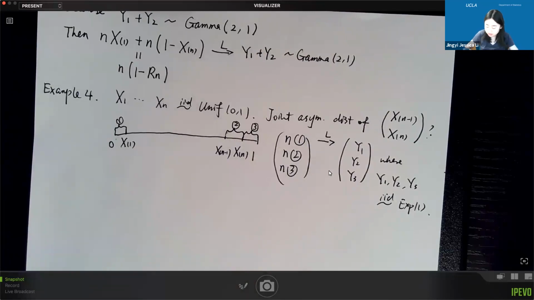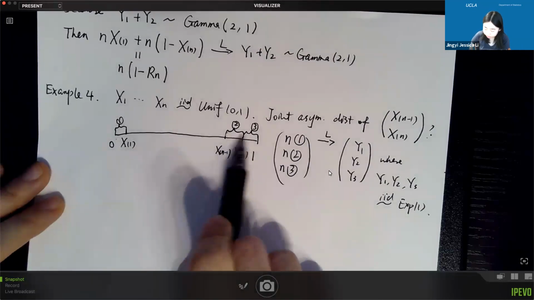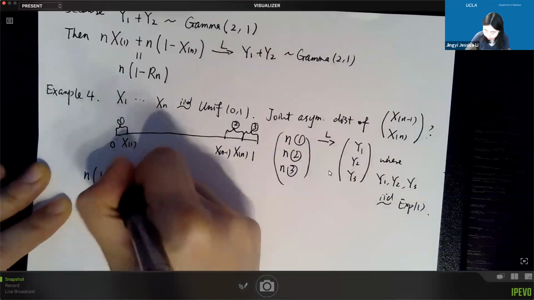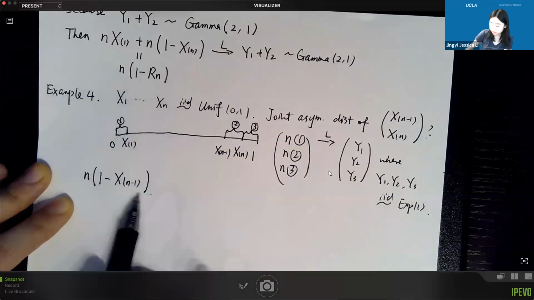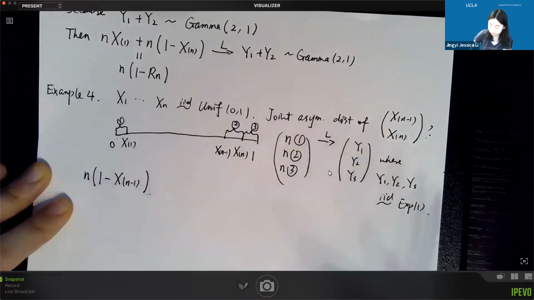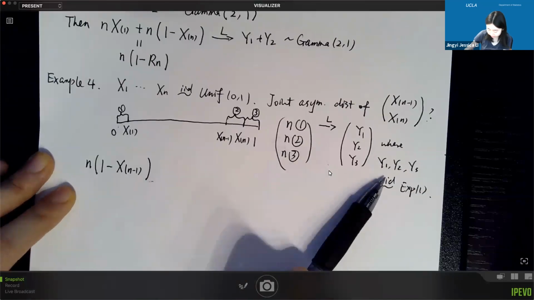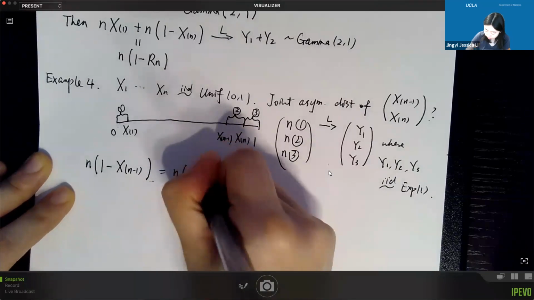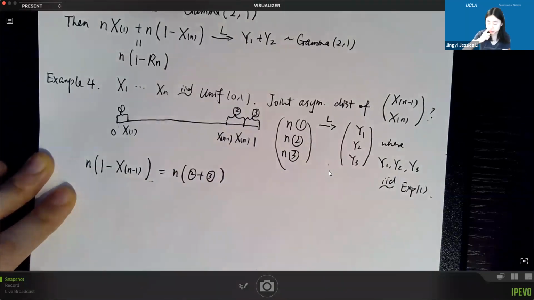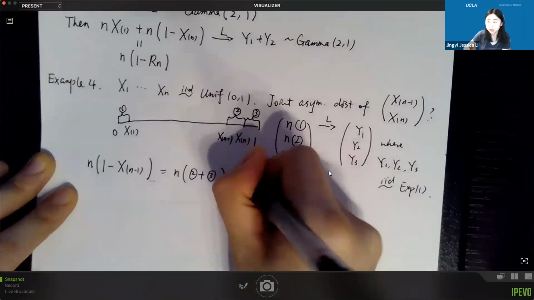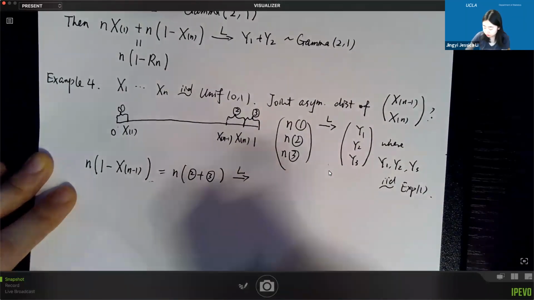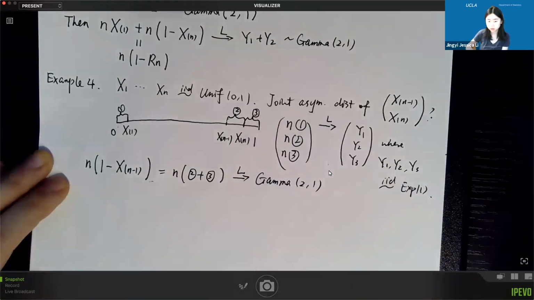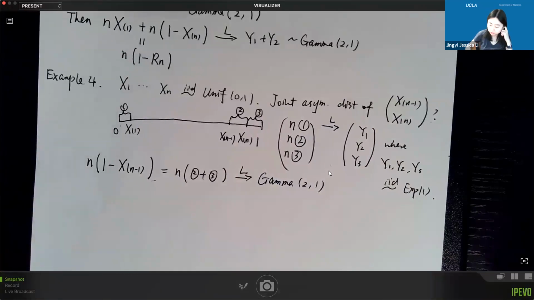If I want to talk about the asymptotic distribution of 1 minus X_(n-1), by this argument, although we haven't shown it yet and I'm just giving you the conclusion, it's equal to n times (2 plus 3). And we know it should converge to the sum of 2 exponential 1, so we guess it should be gamma 2, 1. Okay, but this is our guess. Let's verify it.